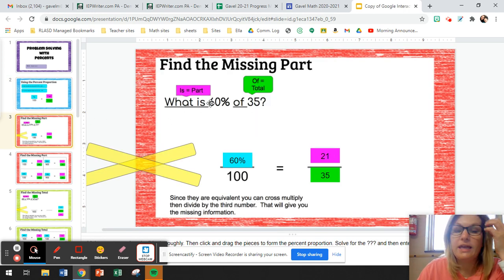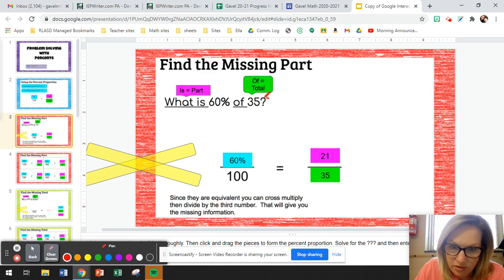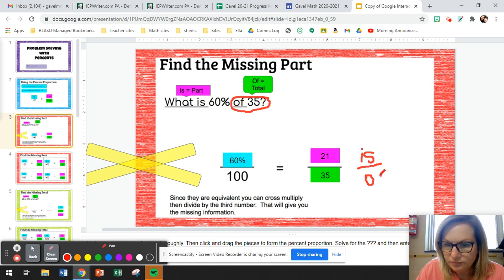Moving on. So what is 60% of 35? So that of goes with a 35, which lets us know it's on the bottom because it is over of. So you're going to put is over of. And what is 60%?